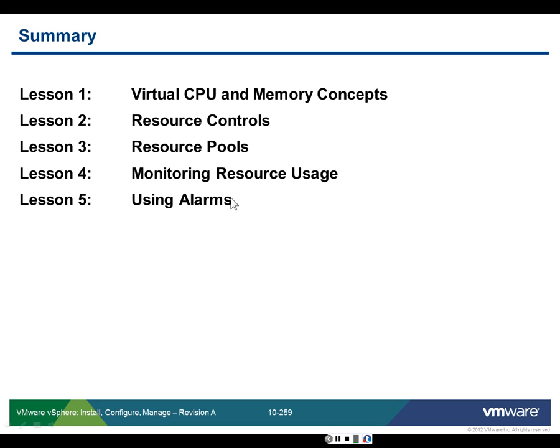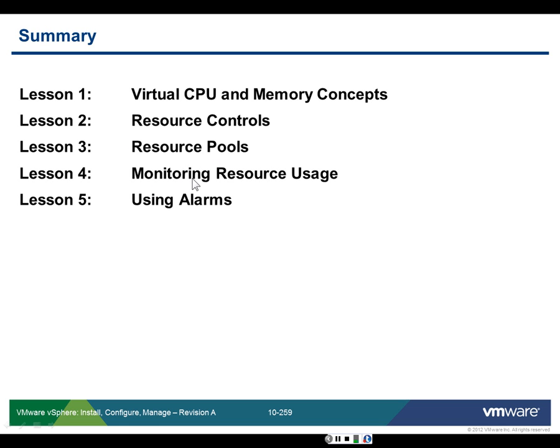In summary, in this module we have discussed virtual CPU and memory concepts. We discussed establishing resource controls such as shares, limitations, reservations, and we saw those shares, limitations, and reservations can be applied to a single virtual machine, or they can be applied to a resource pool, which is simply a group of virtual machines.